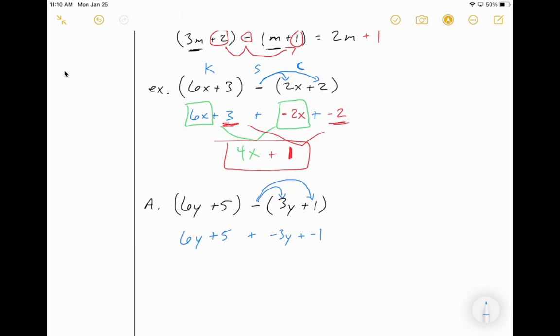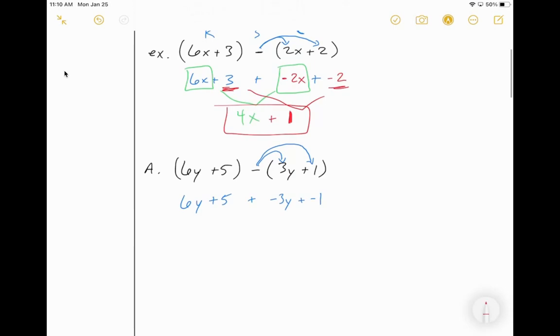All right, now let's try a different method here. I'm going to do the stacking method, but if you want to do a different method, that's fine. So negative 3y plus a negative 1. So I'm going to stack them up there. 6y minus 3y is 3y.